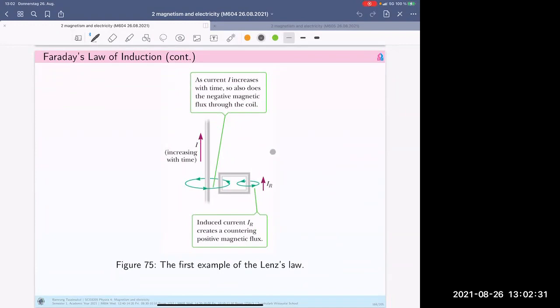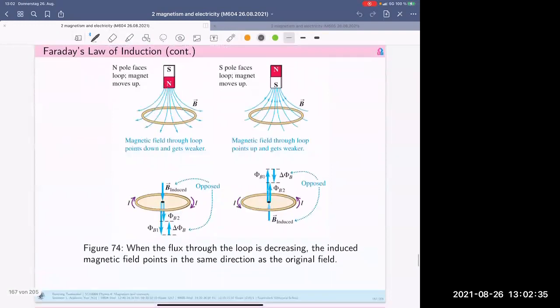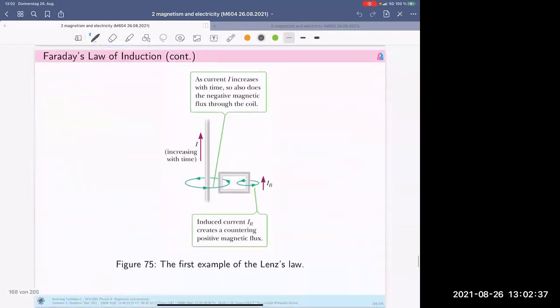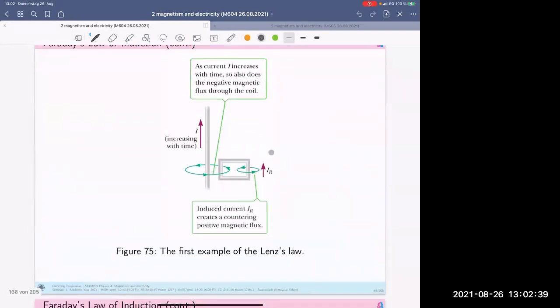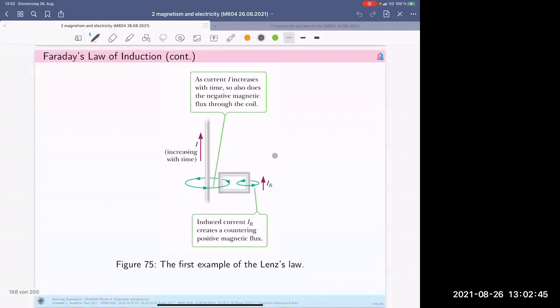That matters, and those four figures or situations are taken from one book, and here is another situation if we consider it from another book. Here we have the current flowing upward like this, and from Ampere's law, you just use the right-hand rule.